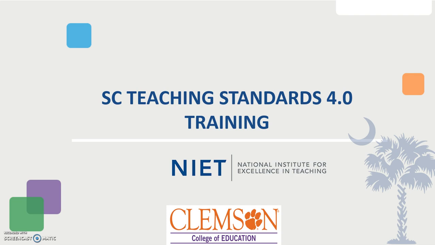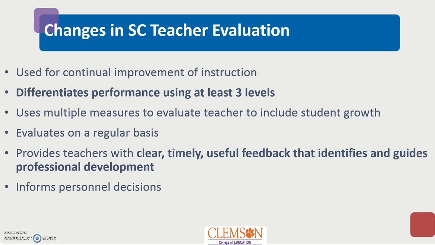To begin, we just want to have a brief introduction to the South Carolina Teaching Standards rubric that South Carolina has adopted. So there have been some changes, or we're currently in the midst of some changes in South Carolina teacher evaluation, and those are outlined on this slide.